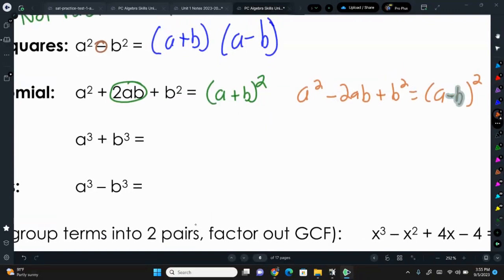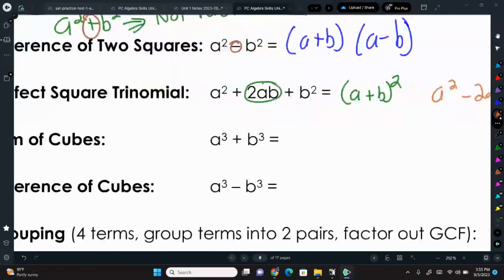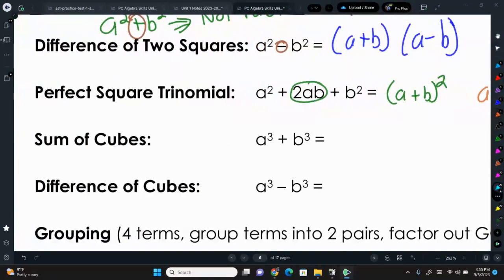Now, you learned how to factor trinomials last year, either using the X box or the grouping, the magic numbers. You can still do that. This is just a faster way if you notice that they are perfect square trinomials. What I do for this pattern is I say, can I take the square root of the first thing? And can I take the square root of the last thing?